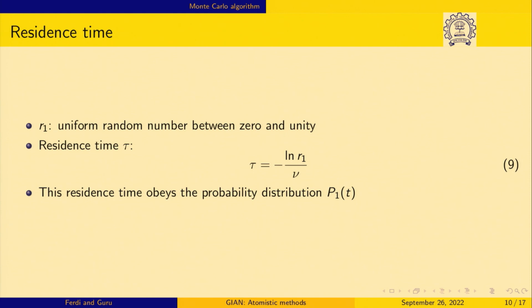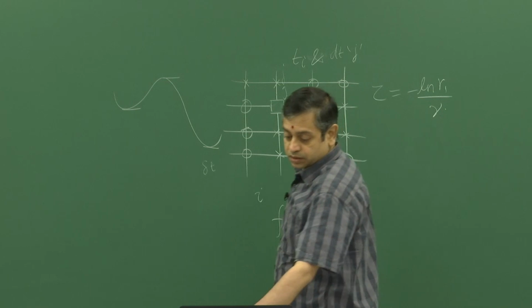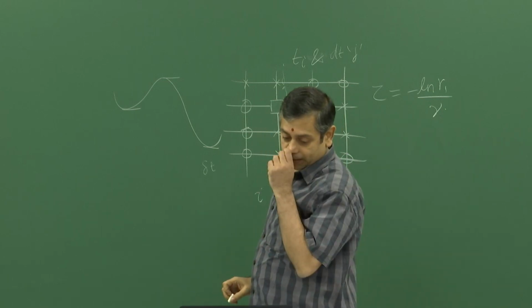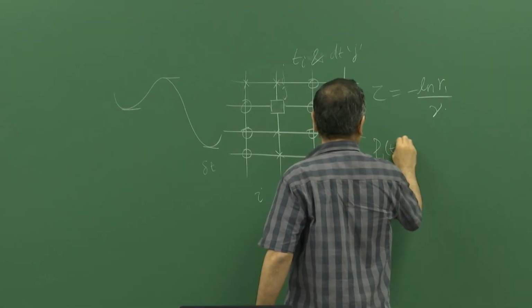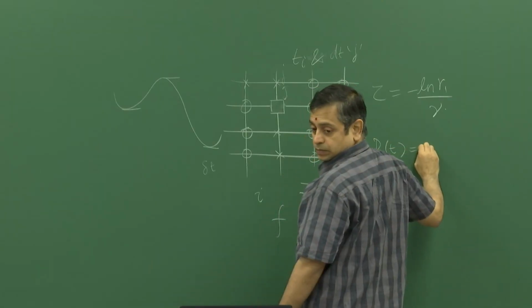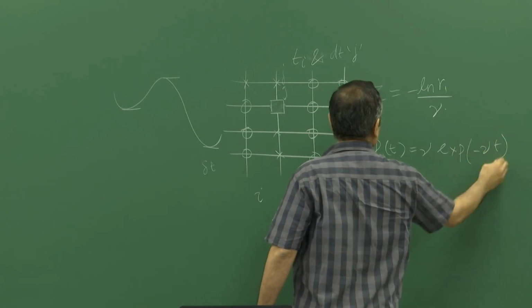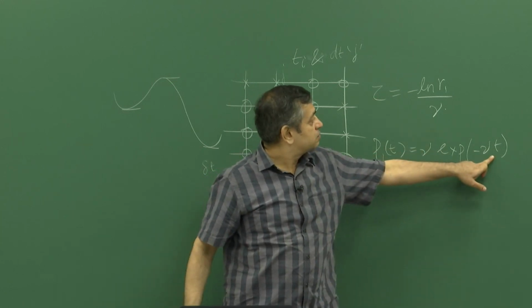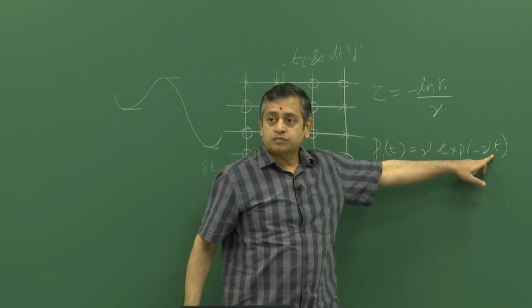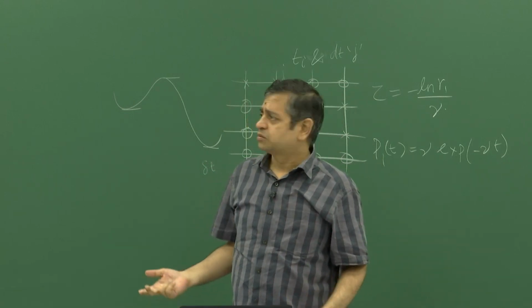If you choose this, the residence time will obey that probability distribution P1(t), and you can see why. Go back and look at what P1(t) is. If you put this tau here, you will see that it obeys this probability distribution.